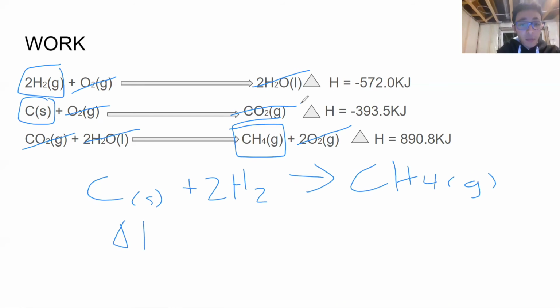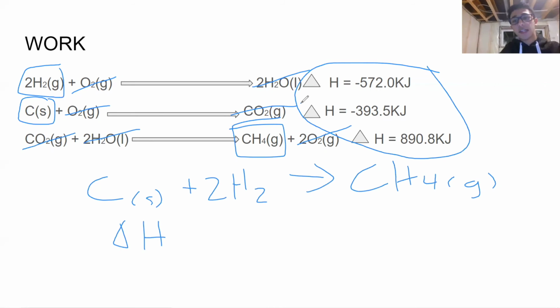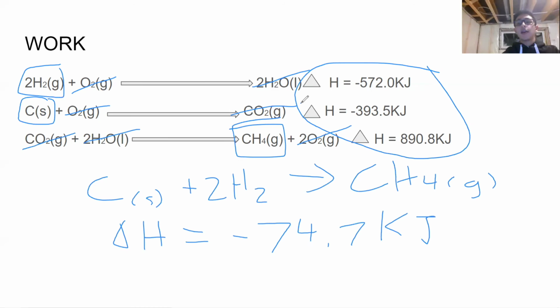So the enthalpy of this is the addition of all of these reactions, which equals -74.7 kilojoules. This reaction is exothermic, guys. That means it releases energy.